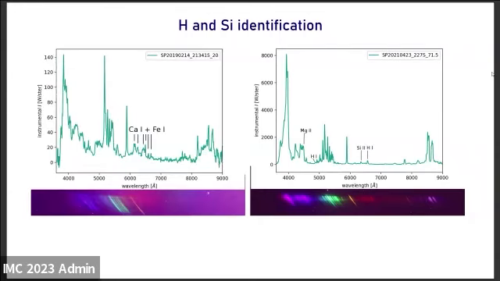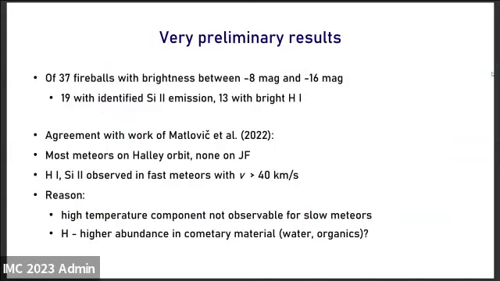Or there were spectra that looked very promising because you could see separated lines, but they were not silicon or hydrogen. They were mostly iron and calcium. So of these 37 fireballs, only 19 contain silicon, and only in 13 could I identify hydrogen.